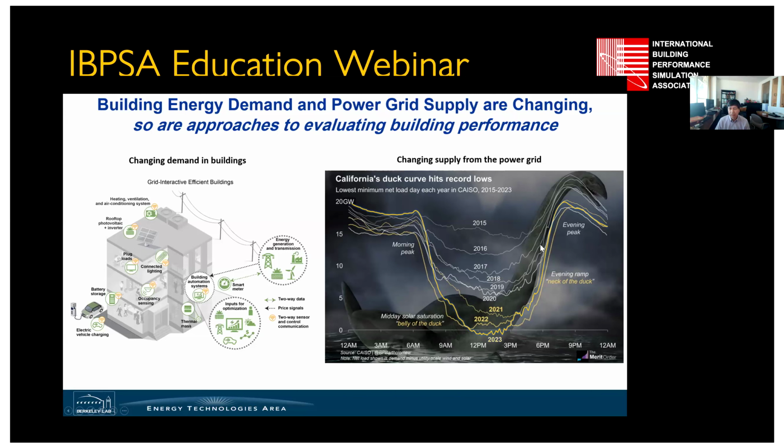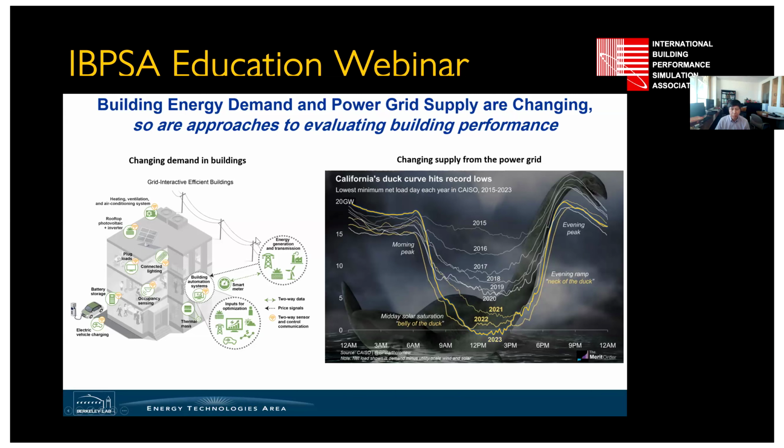So basically, we care about not just the total energy consumption. We now care about when that energy use occurred. That is also a very important change, because the pricing during the peak demand, which is now moving to between 4 p.m. and 9 p.m., is going to be much higher than the consumption of an equal amount of electricity during the middle of the day.